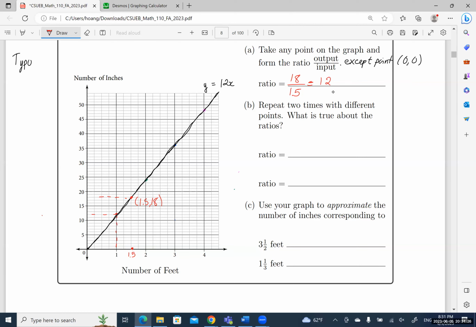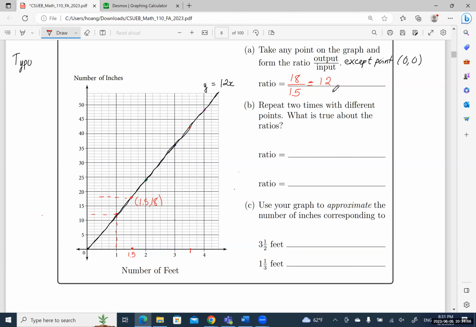You can use any other point. You don't have to do exactly like me. For example, you can use 3.5 here, and what is that point over here? Maybe 42 or something like that. The answer is supposed to be 12.